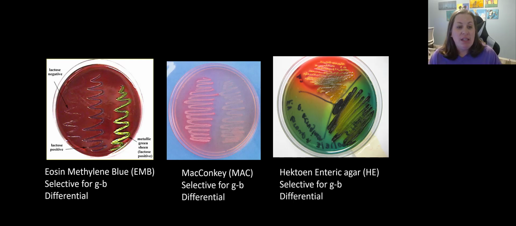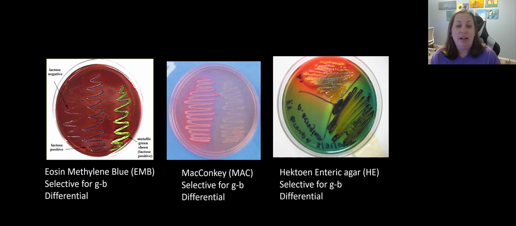We also see a MacConkey's agar, MAC. This is also selective for gram-negative bacteria. We also see that it's differential. You can see on one side you have the bacteria in a pinkish color, and the other side it's clear. This is based on what kind of sugar it can use. Is it able to use lactose? Is it a lactose fermenter or is it not?